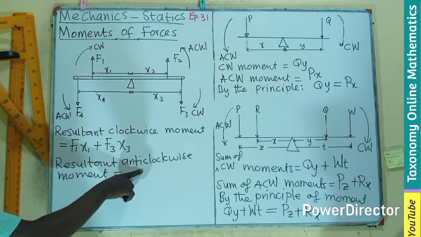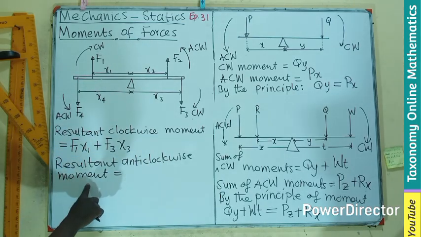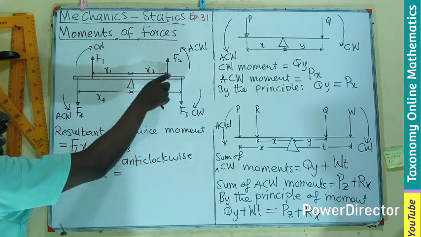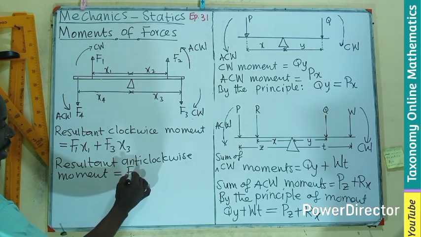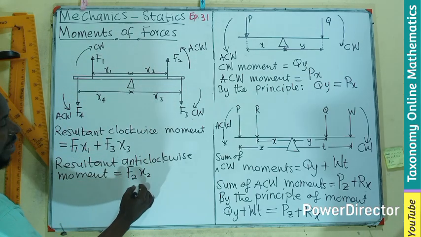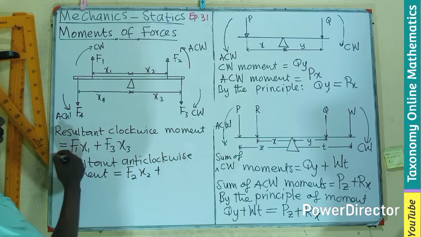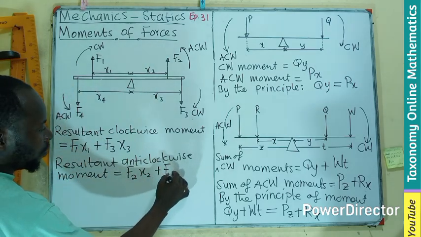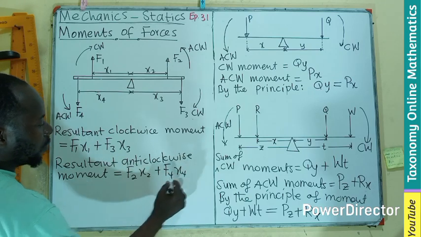Then we look for the resultant anti-clockwise movement. This is moving with the distance of F2. So I have F2 with x2 as the distance plus which one again? F4 is also moving. So for F4, the distance is x4.